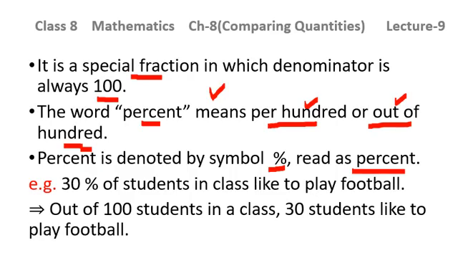Percent is denoted by this symbol, and it is read as percent. If a statement is given to you in terms of percentage, then how will you interpret it? For example, 30% of the students in a class like to play football, so out of 100 students in a class, 30 students like to play football.